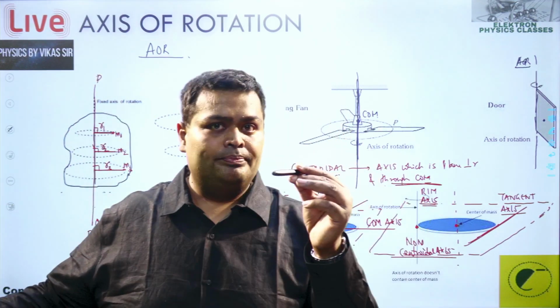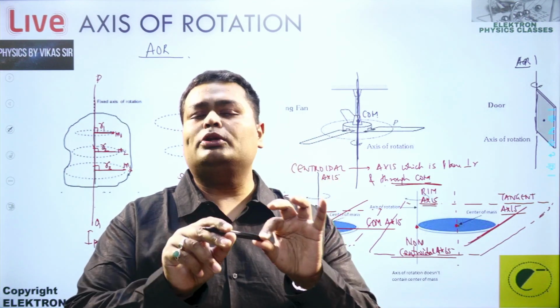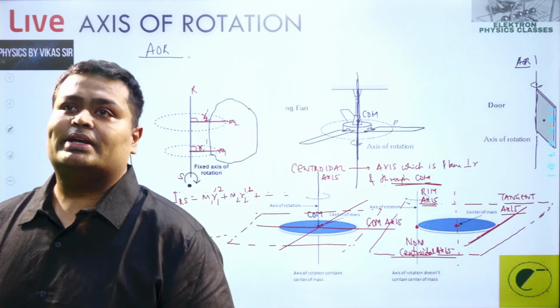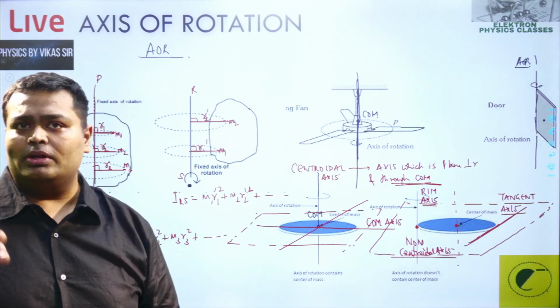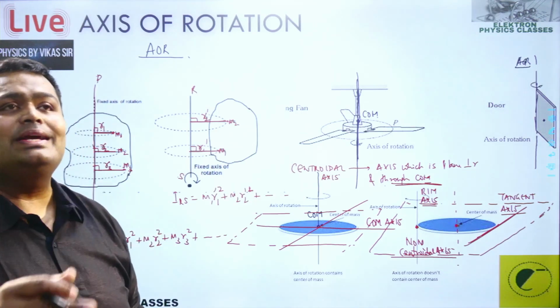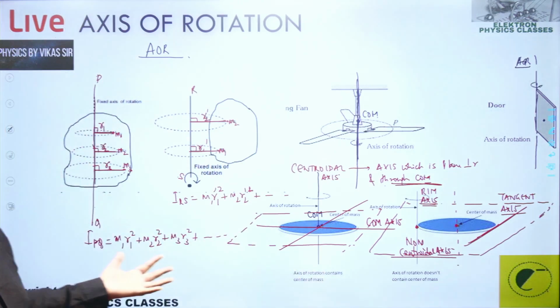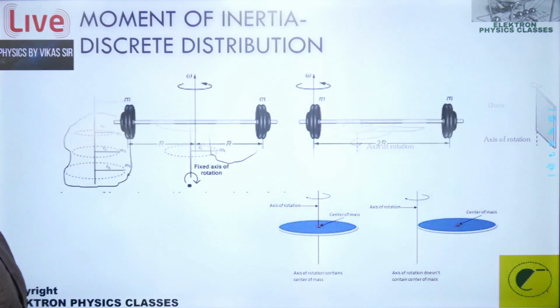As I said, if I rotate this about the center, or about the end, it's altogether different behavior. That's what the moment of inertia depends upon: the AOR. So before reading the moment of inertia, it was essential to mention what is AOR. Right? So now we venture into the article further.